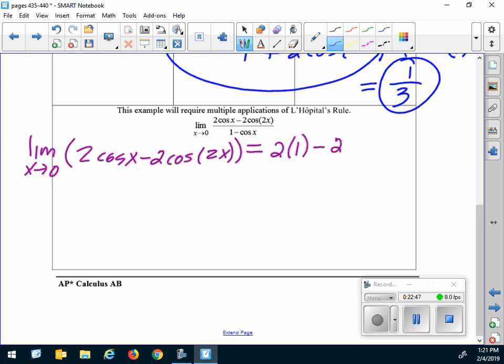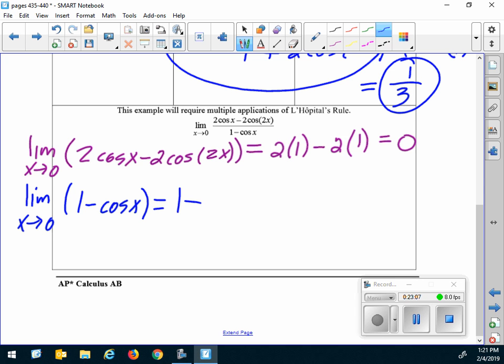Minus 2 times the cosine of 0. We get a big fat goose egg right there, don't we? Denominator, limit as x approaches 0 of 1 minus cosine x. That gives me 1 minus the cosine of 0. So L'Hopital's rule applies.